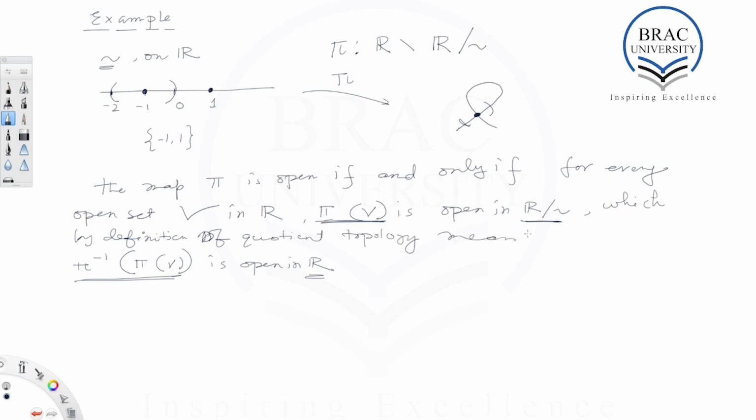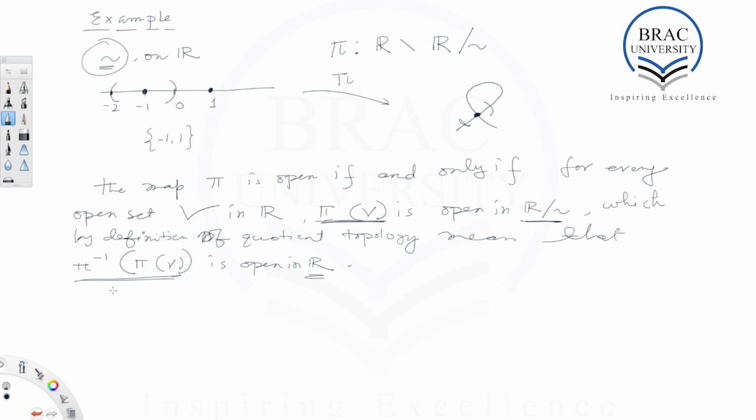It has to happen for every open set V in R. We are going to find an open set for which it is not the case. Then it will prove that the underlying equivalence relation is not an open equivalence relation.